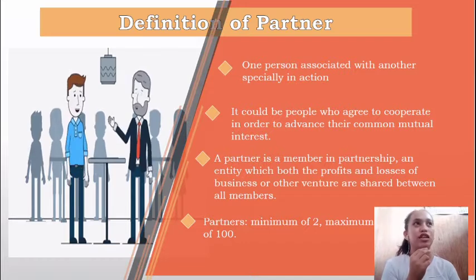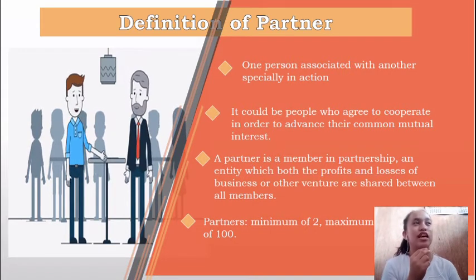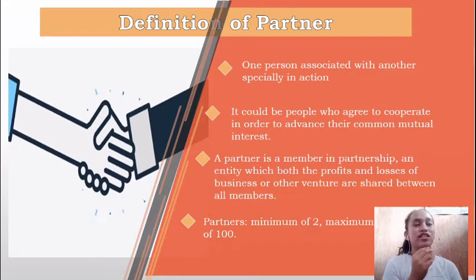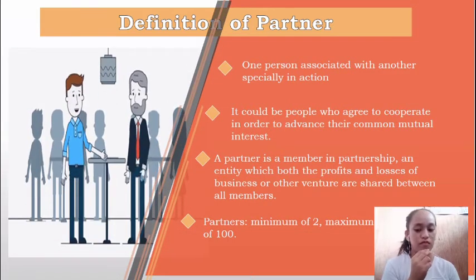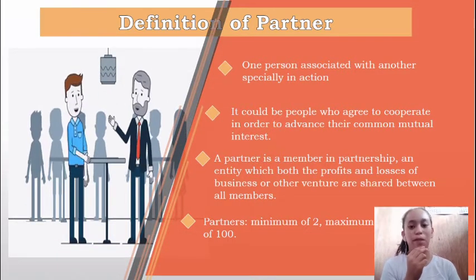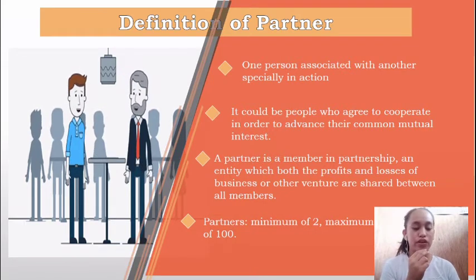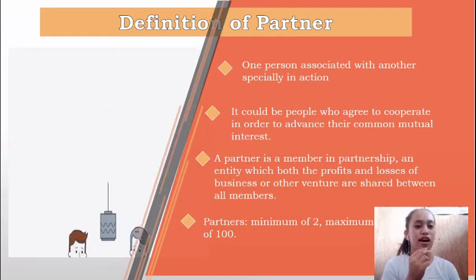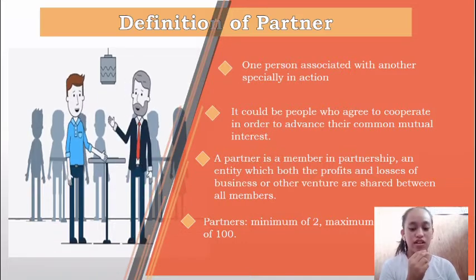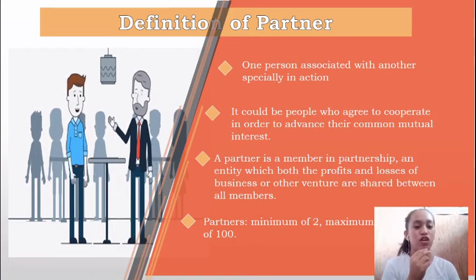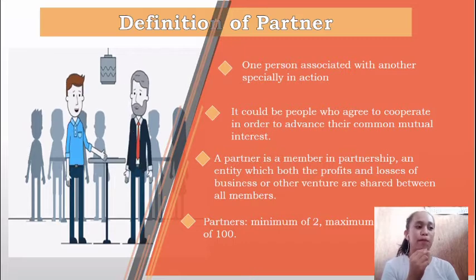For example, it could be 50% to 50%, 60-40, or 70 to 30%. It depends upon the partners. And it also occurs when the entity has losses. It is also disseminated to all members.